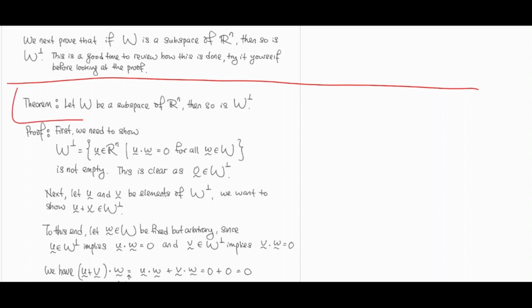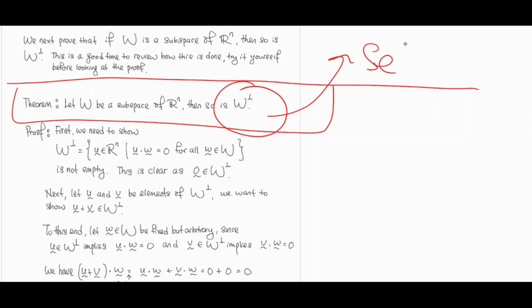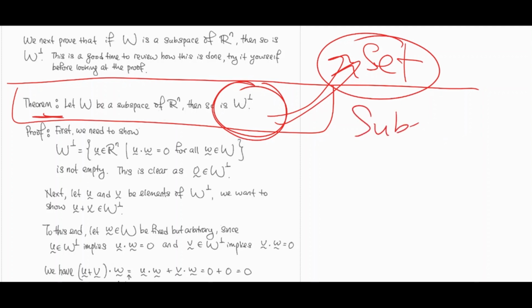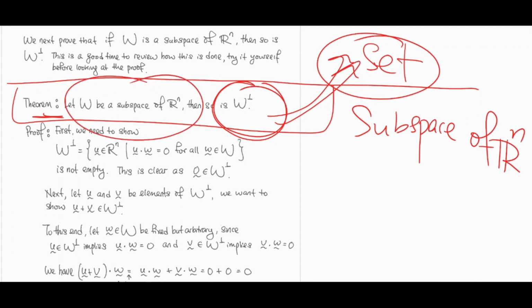So this is a theorem that claims that if W is a subspace of Rn, then W perp, originally just defined as a set, is also a subspace, hence a vector space, of Rn.